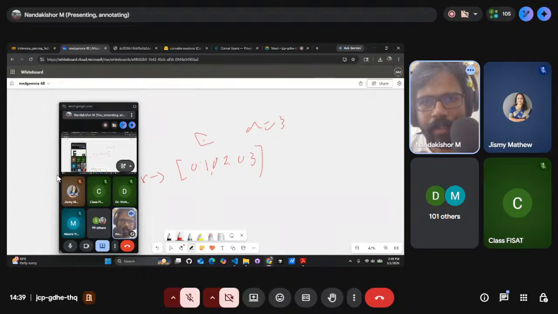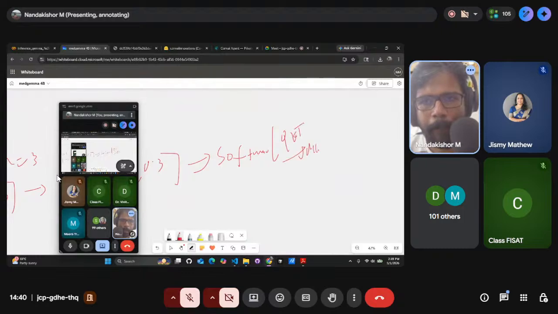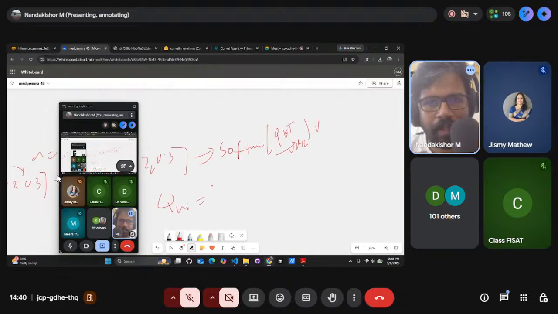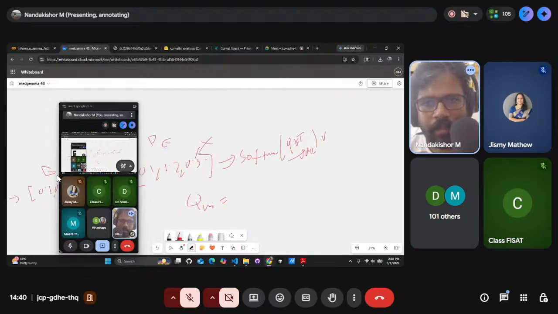Then you apply positional encoding vectors 0.1, 1.2, and 0.3. Then you have the softmax application, softmax of QK transpose divided by root dk, dot V. See, this Q is calculated based on X, right? The equation is X multiplied by WQ.